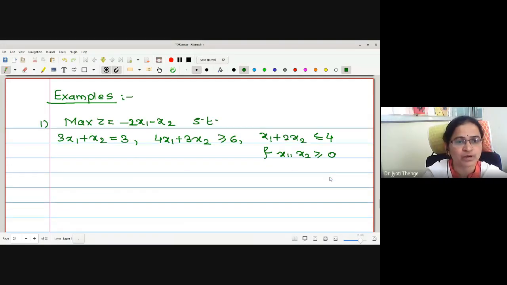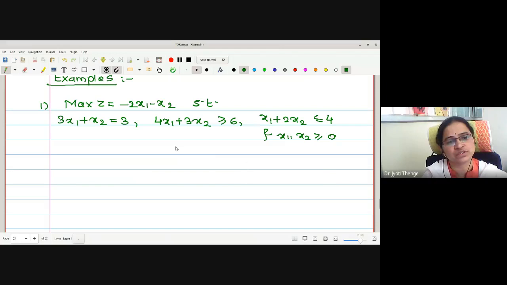One thing you have to keep in mind: whenever the problem is given, it is not stated by which method to solve. It only says solve the given LPT. Looking at the problem, you have to decide which method is suitable. If all the constraints are of less-than-or-equal type, no doubt one can use the simplex method. But here, the problem contains one equality constraint, one greater-than-or-equal constraint, and one less-than-or-equal constraint. These first two constraints are going to give us trouble.